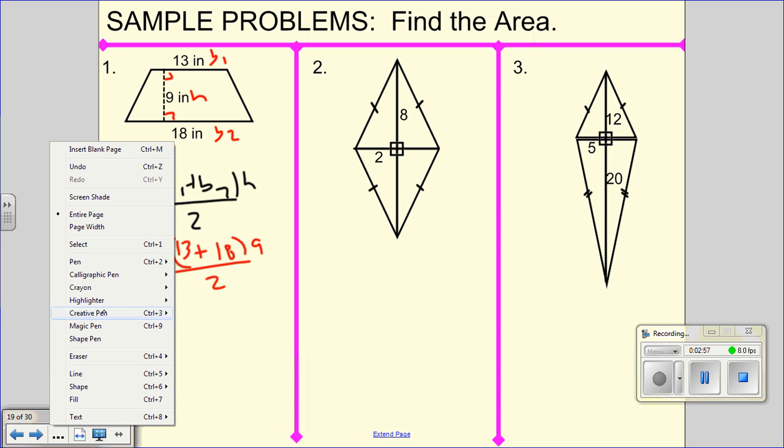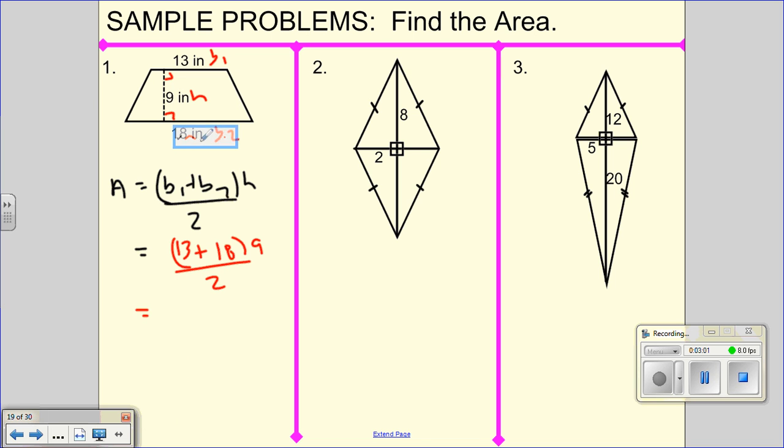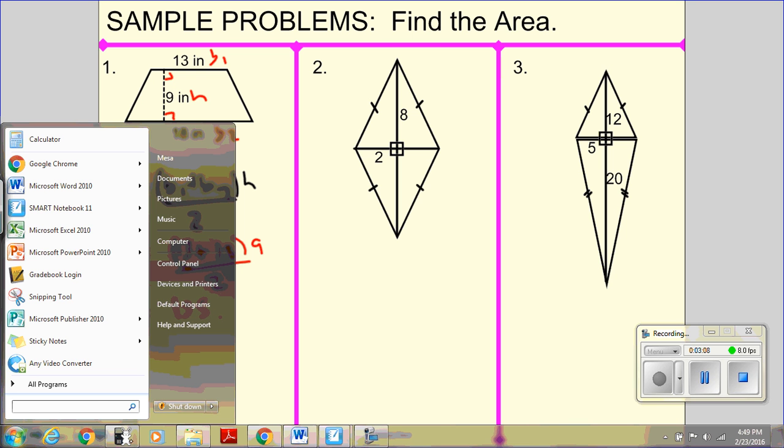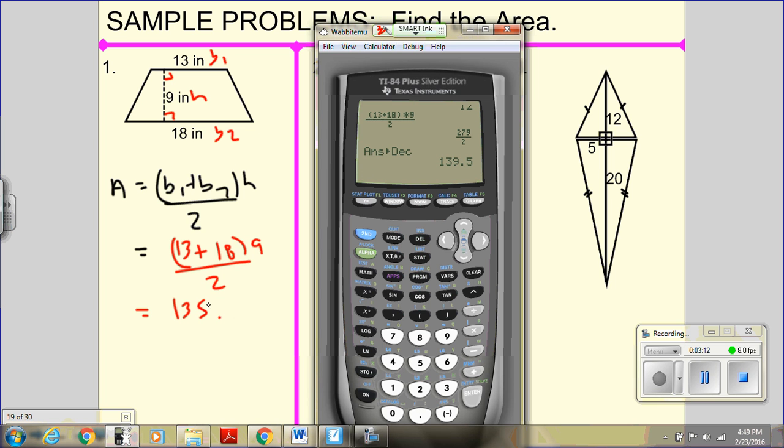We have some units. Good. 139.5, sorry. 139.5 inches squared. Again, area is always square.